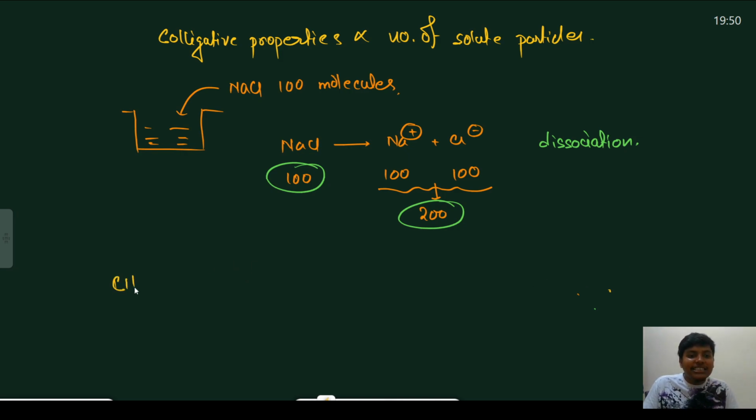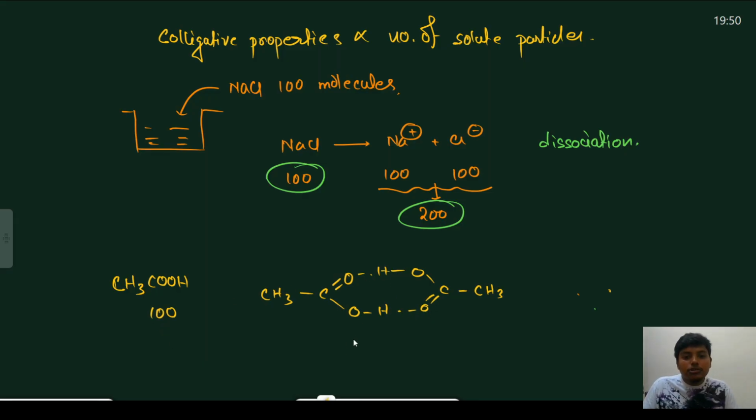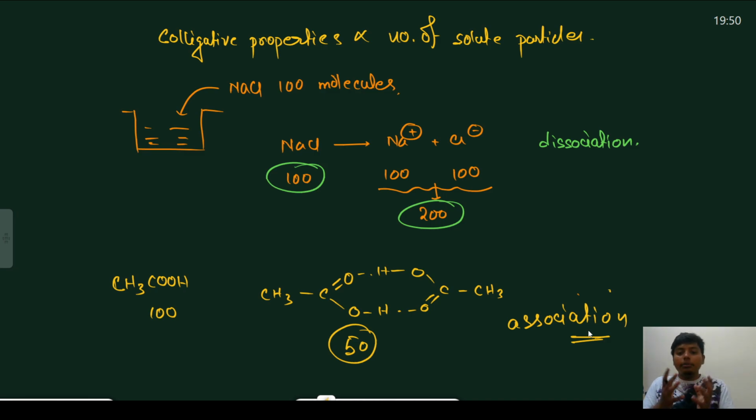Similarly, if I add acetic acid, I already told you that acetic acid in presence of benzene will associate. So I am taking 100 acetic acid, but it actually works as 50, because of association. So this is the abnormality in colligative property we saw.